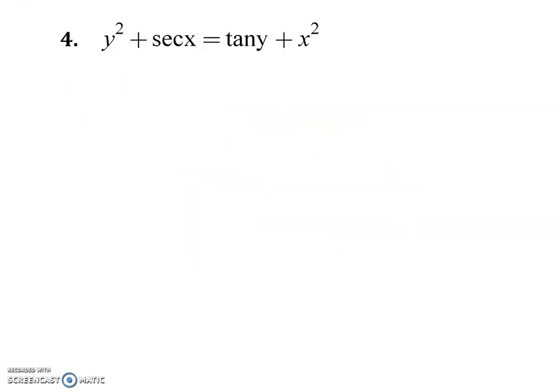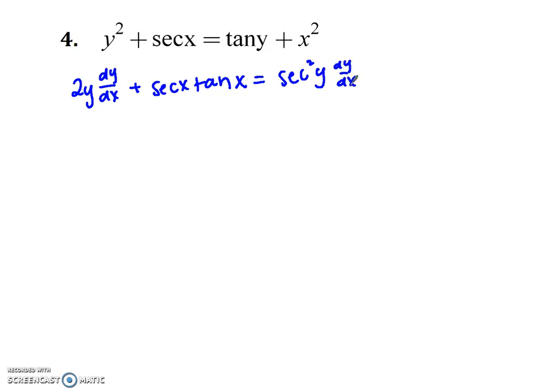Okay, let's look at one more. So we're again going to just go term by term. So the derivative of y squared is 2y. And I took the derivative of something with a y, so I need to tack on a dy/dx. The derivative of secant is secant times tangent. The derivative of tangent is secant squared, and since this one has a y, I need to tack on a dy/dx.